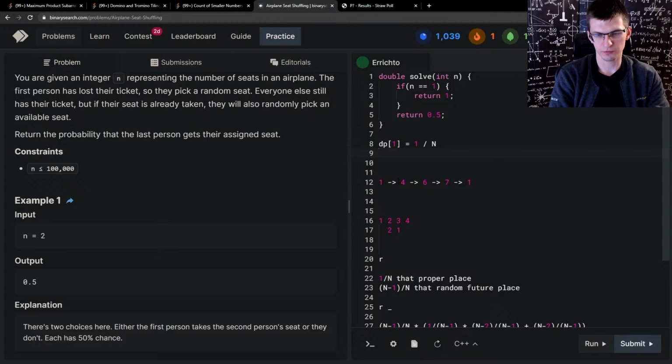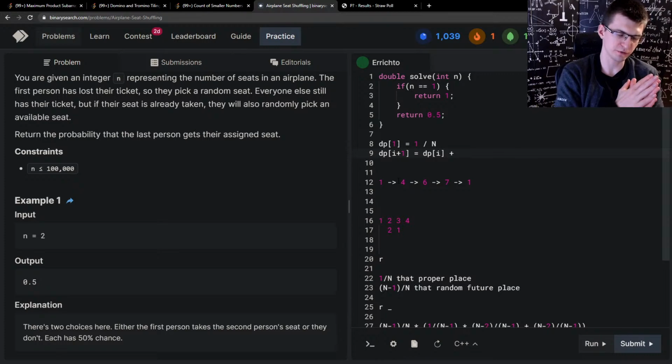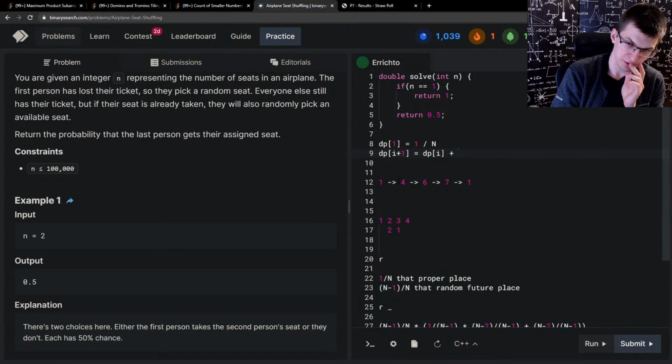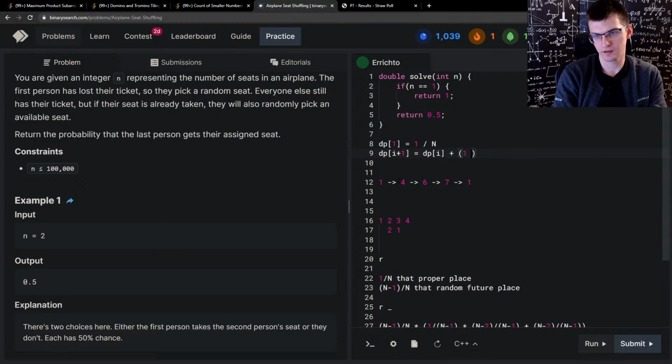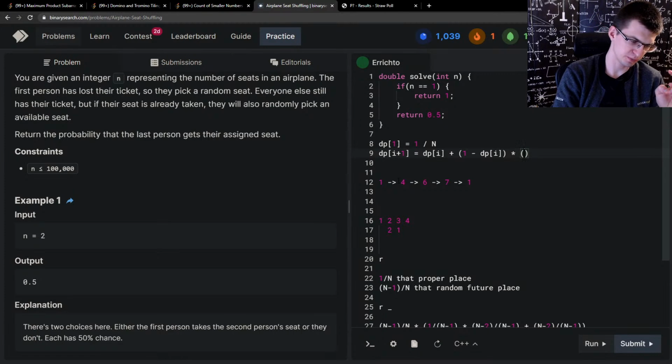And yeah, dp of I plus 1 is either dp of I, that if already people 1 through 5 sat down properly, then person 6 will sit down properly. But also, there is probability that they didn't sit properly, and whoever now waits for a random place will sit down here.